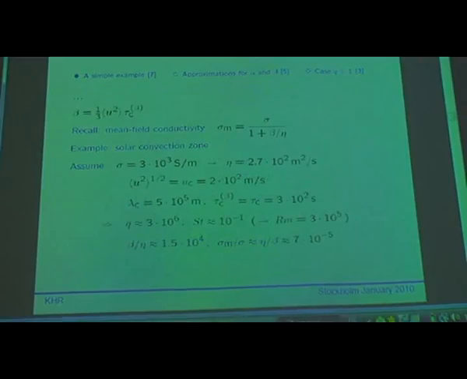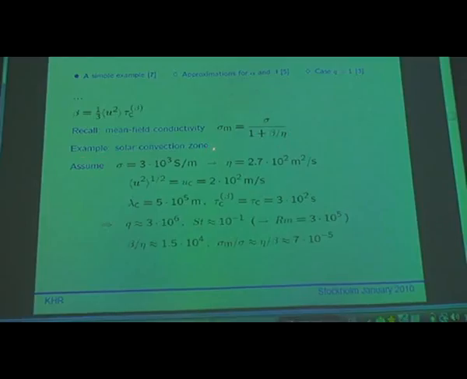Okay, we will not discuss alpha and beta so much. Beta is given this way. It occurs in the mean field conductivity.